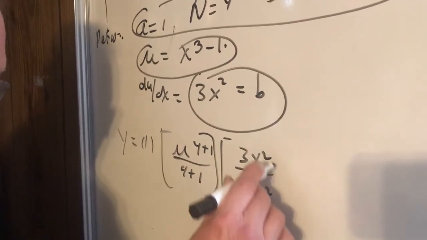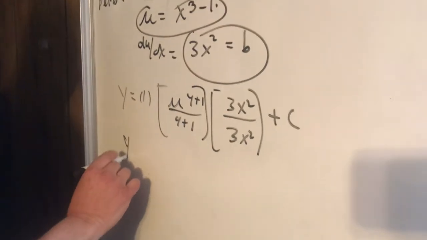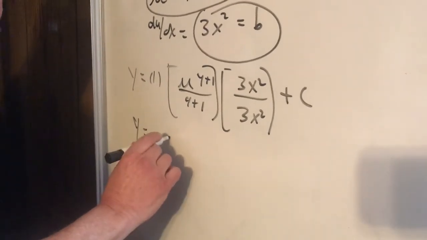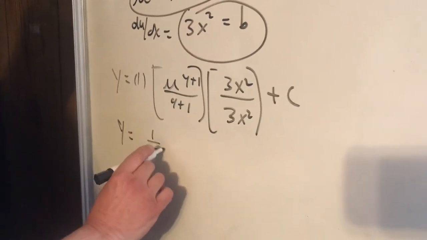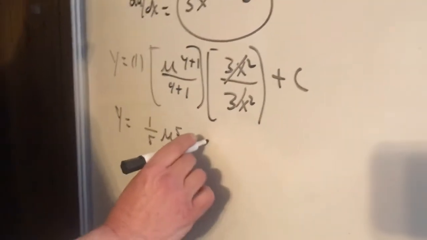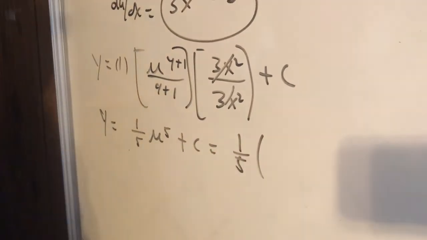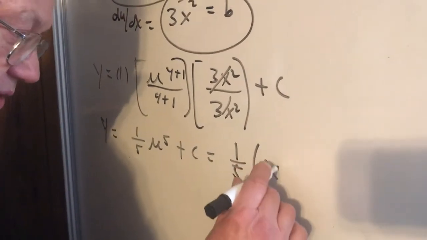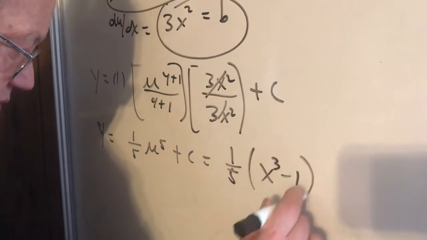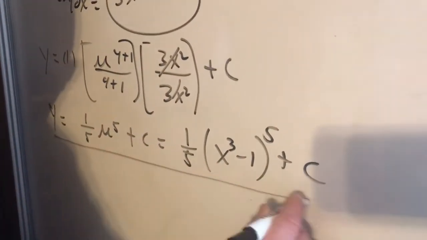Very convenient. Plus the constant. So y now is going to equal 1/5 u to the 5th. These cancel. Plus c. Let's substitute in for u: x cubed minus 1 to the 5th plus c.